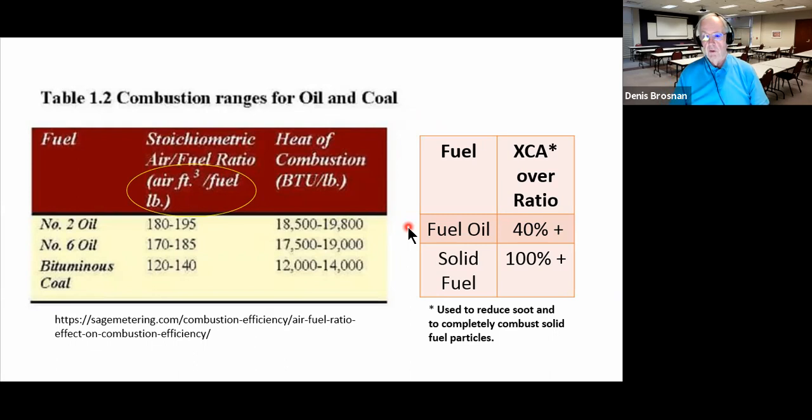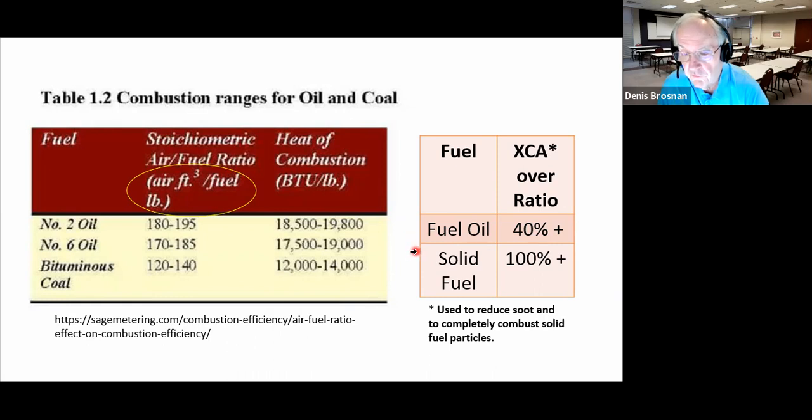Soot being a submicron particle, it will color exhaust gases. It's unhealthy, perhaps for human health, and so we typically use more excess air to get complete combustion of the fuel oil.